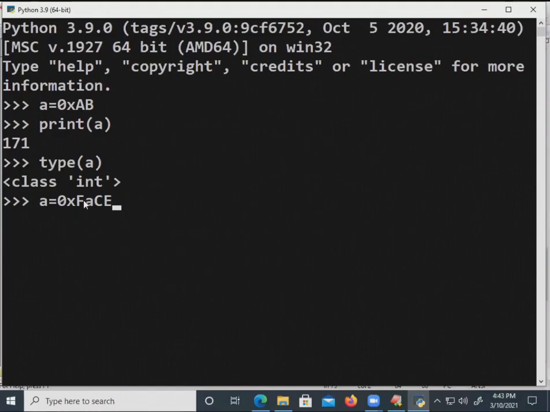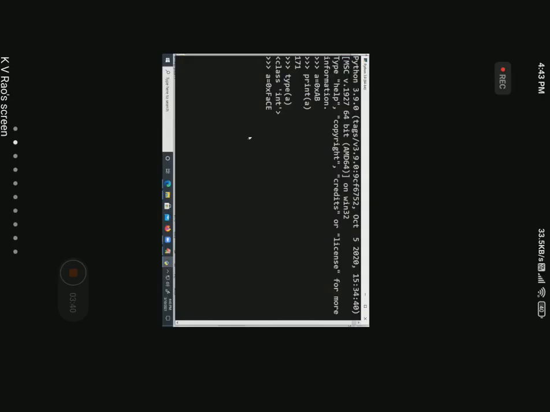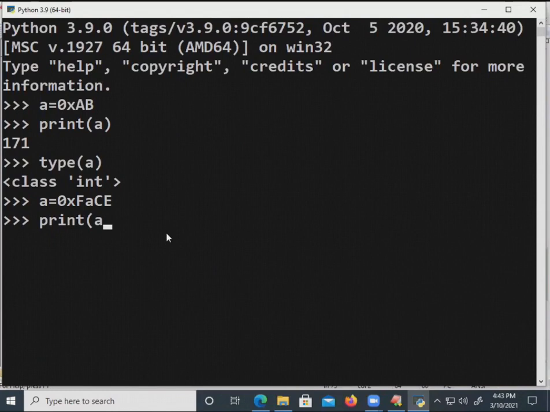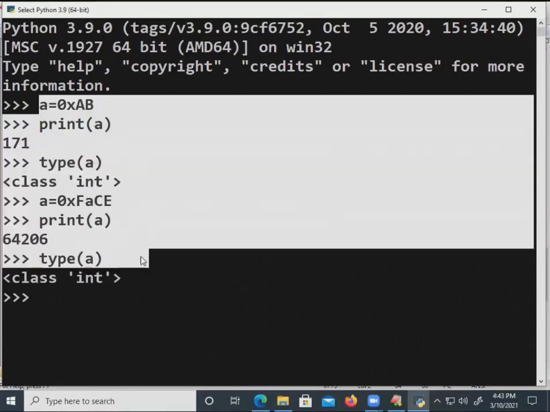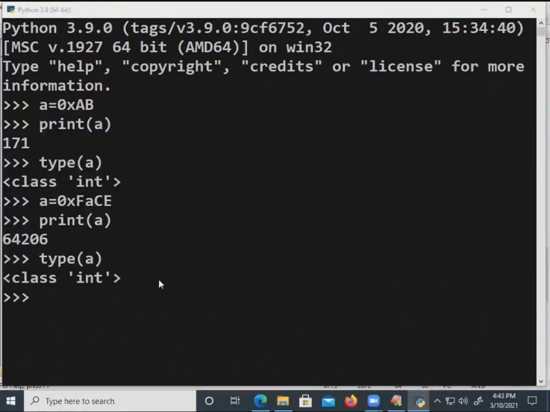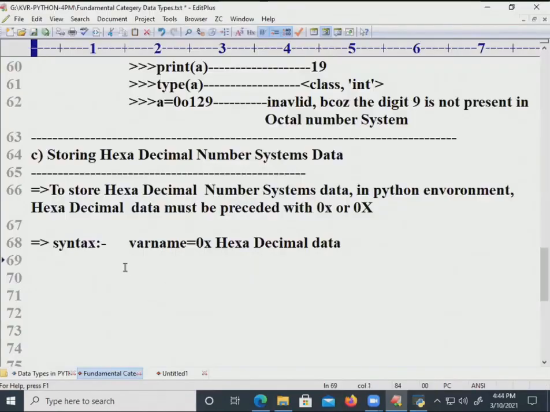It doesn't matter here because it is preceded with 0x; all are hexa only, small or capital. Print of a gives the value like this. I also told you how to calculate this part, and type of a is also int. I hope this is an important example that I am taking.